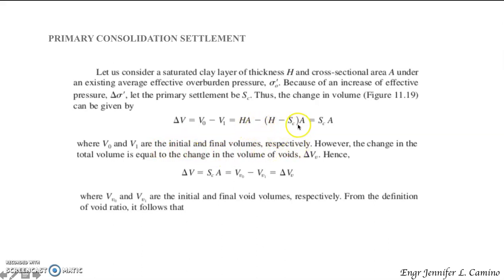This can also be expressed in this form, or the change in volume is equal to S sub C, the primary settlement, multiplied by A. However, the change in volume is equal to the change in the volume of voids. Hence, the change in volume can be given through this expression, wherein V sub V0 and V sub V1 are the initial and final void volumes respectively.